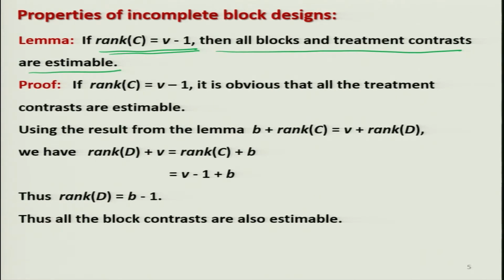Let me first prove this result, and then I will show you the magic of this lemma, and that will clarify many things you learned in the earlier lecture on incomplete block design analysis of variance. So obviously, if rank of C is equal to V minus 1, it is obvious that all the treatment contrasts are estimable.